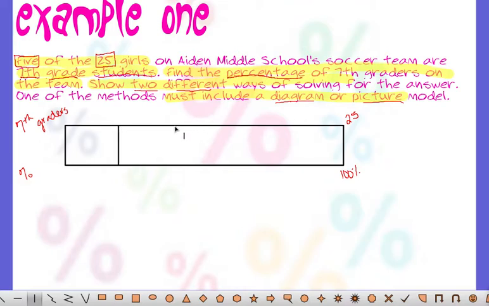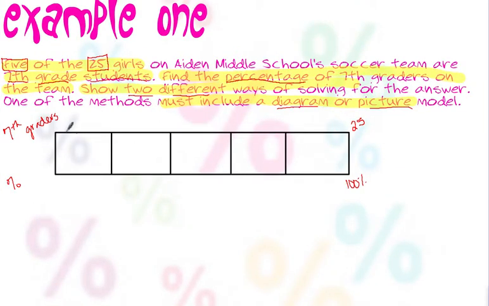So 1, 2, 3, 4, and 5. And then I know that 25 divided by 5, so if this is 0, I know this is 5, 10, 15, and 20.